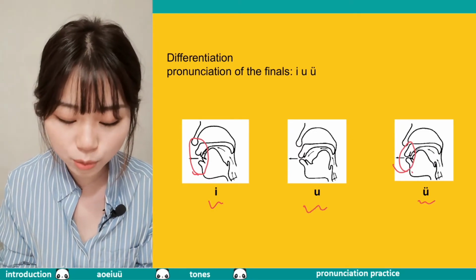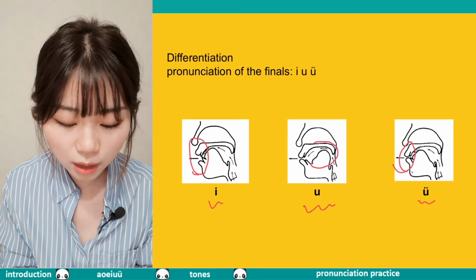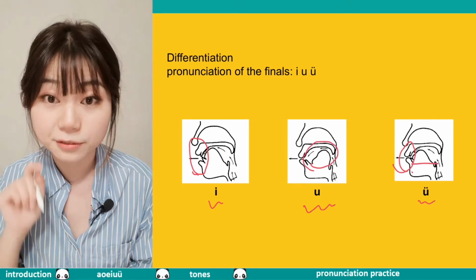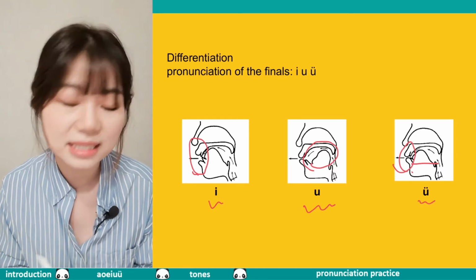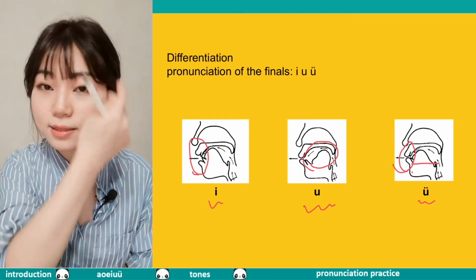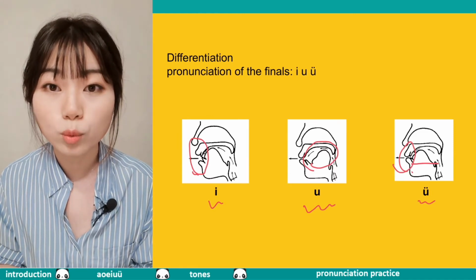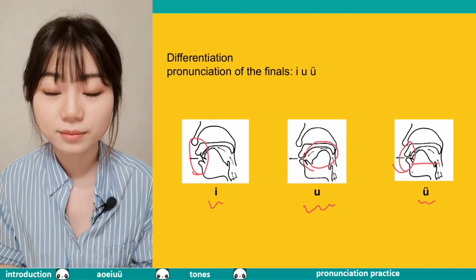And compared with u, you can see that the tongue is in a different position. ü is in the front position and u is further backwards. So it's u, ü.